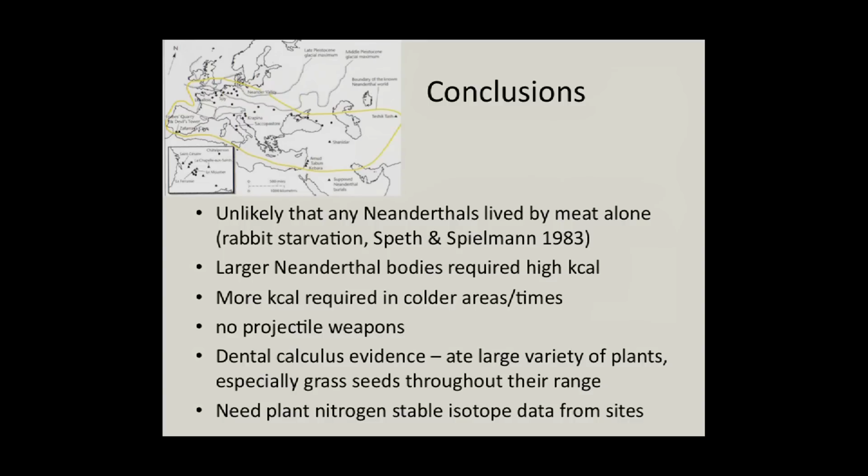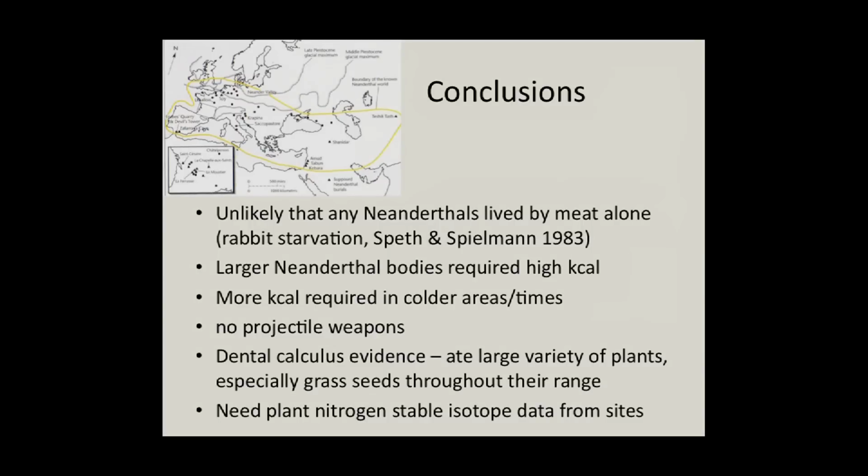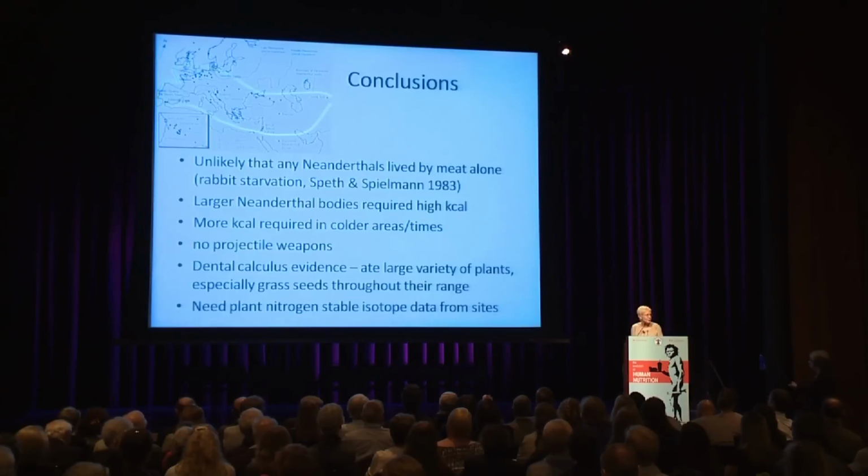And then you have more kcals required in the colder areas. They had no projectile weapons. The dental calculus shows us they were eating plants. I think the microwear is also showing us that they ate plants. And I would say that until we get some good nitrogen plant data, we don't know, but what you're getting that nitrogen value from is a nutrient-dense portion of a plant that only humans can select.